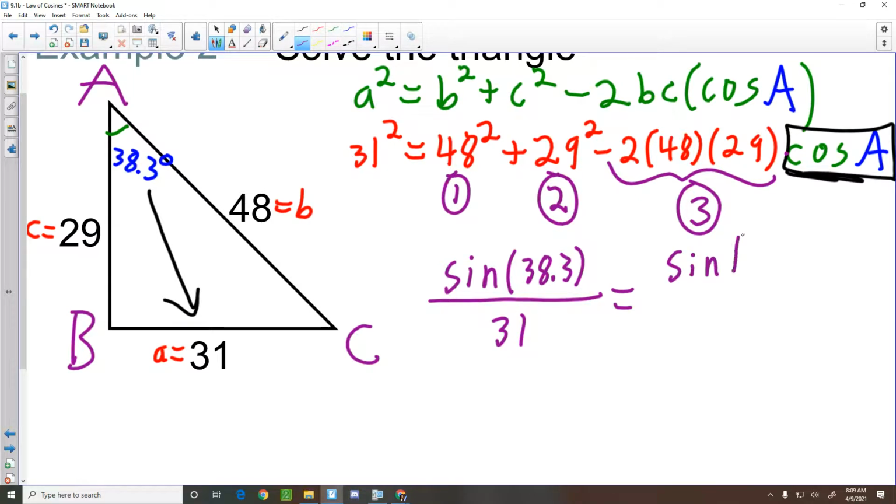Sine of angle B, which I don't know, but side B is 48. So we can solve this pretty easily. That's just that cross multiplication. So I'm going to take the sine of 38.3 times 48 divided by 31.